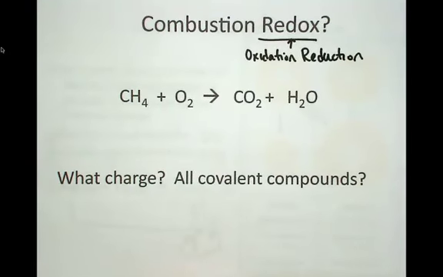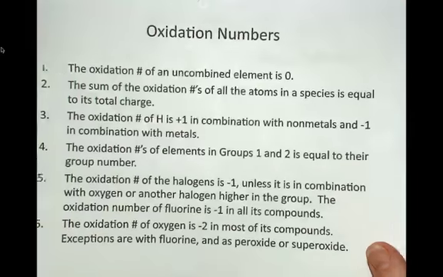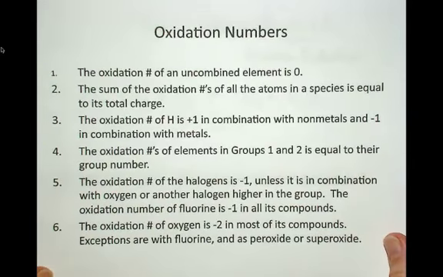And so what scientists have done in order to be able to recognize oxidation reduction reactions, and recognize that electron transfer is occurring, is they have devised this method called using oxidation numbers.